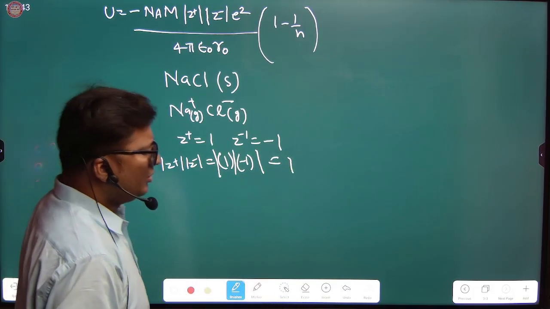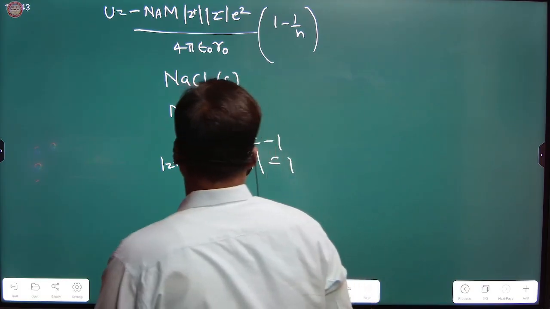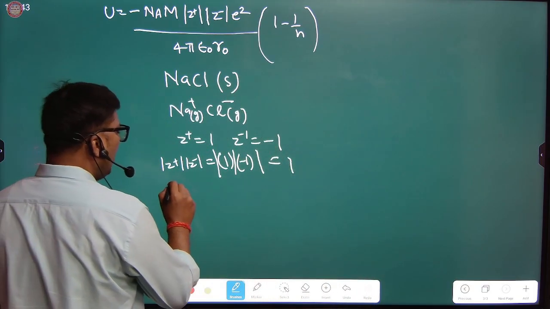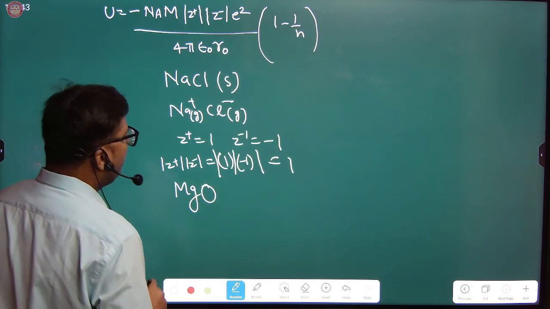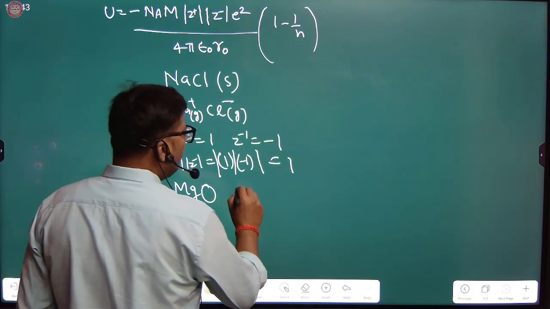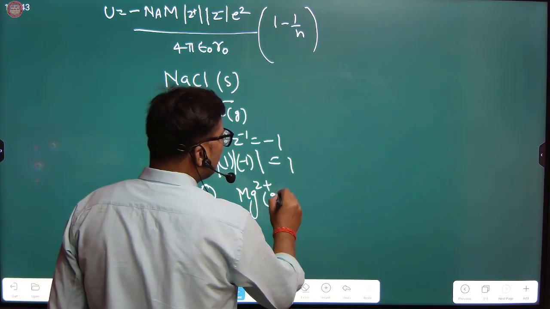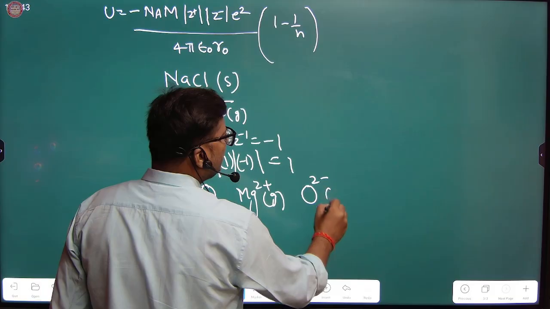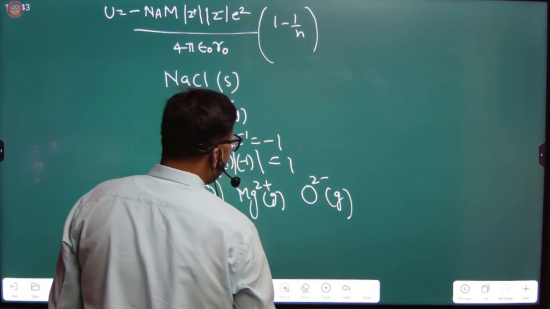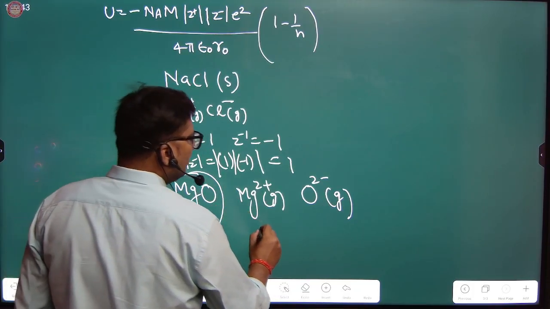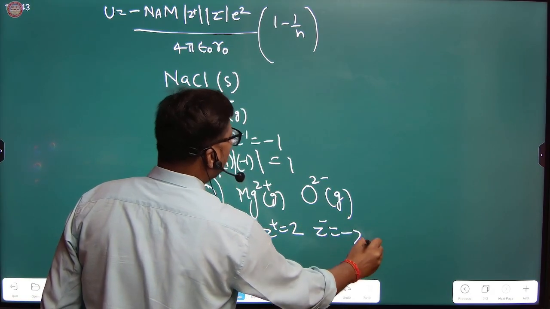So the lattice energy is only 1 times. Suppose in case of MgO, Mg 2 plus gaseous and oxide 2 minus gaseous. So this lattice contains Z plus equal to 2 and Z minus equal to minus 2.